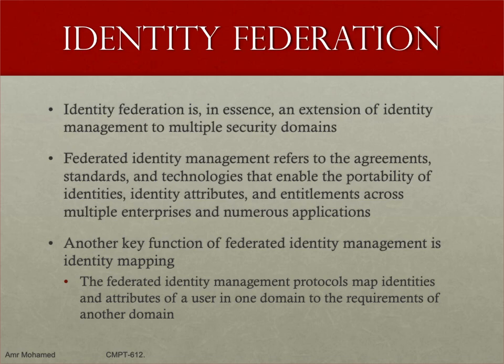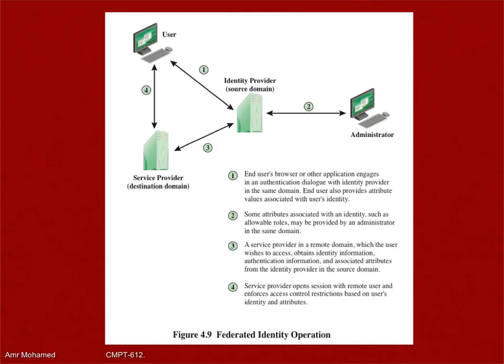Another key function for federated identity management is identity mapping, which we talked about. So the federated identity management protocols map identities and attributes of the user from one domain to another. So the way we do this is, as we said before, this is a user who needs to get his or her identity managed and maintained.